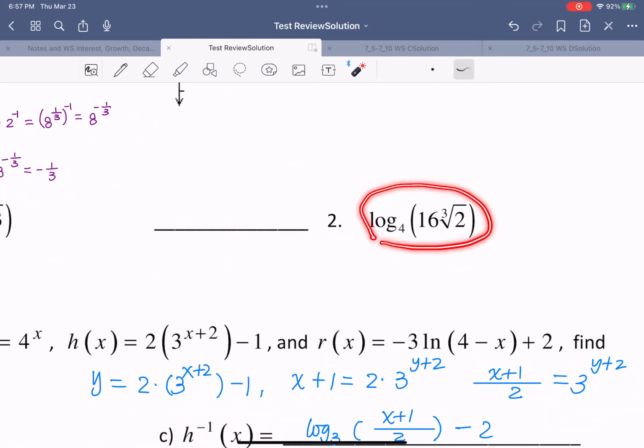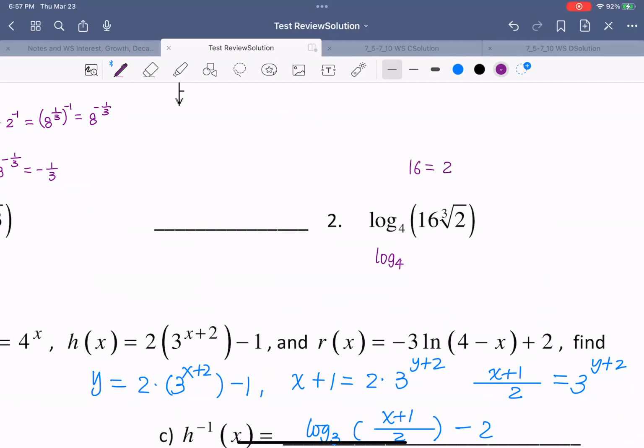How do we do this one? 16 want to change to who? You can do 2 to the power of 3. No, sorry. 2 to the power of how much? 4.